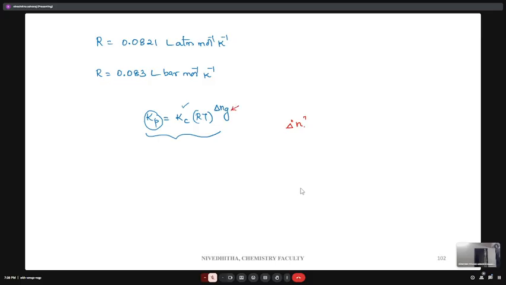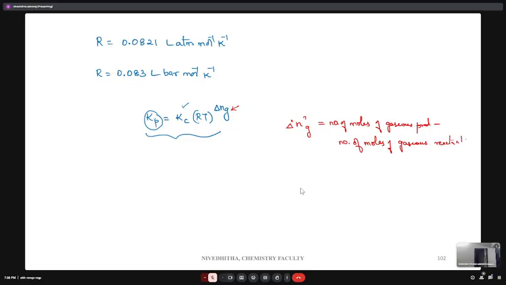A change in number of moles of gaseous species, right? So what is the expression, Kana? Number of moles of gaseous product minus number of moles of gaseous reactants.